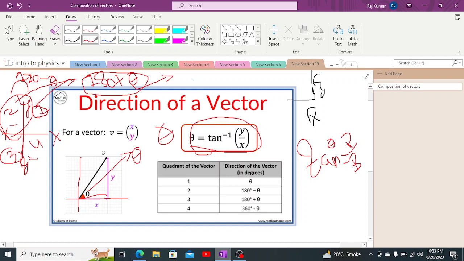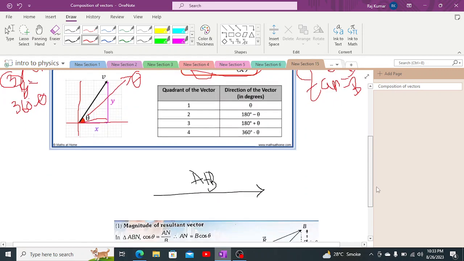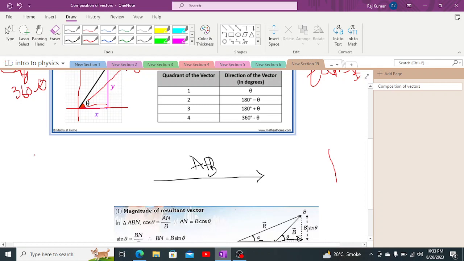For the fourth quadrant, it forms a complete 360 degree circle, and in order to calculate this, we are supposed to take 360 and subtract theta. Why are we going to subtract theta? Because this complete circle is a bit messy, so I'm going to draw it over here.